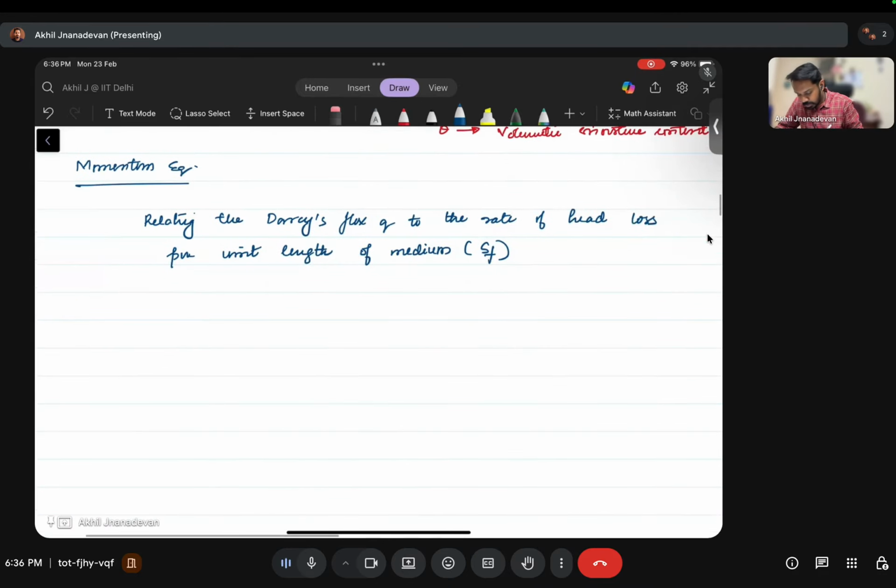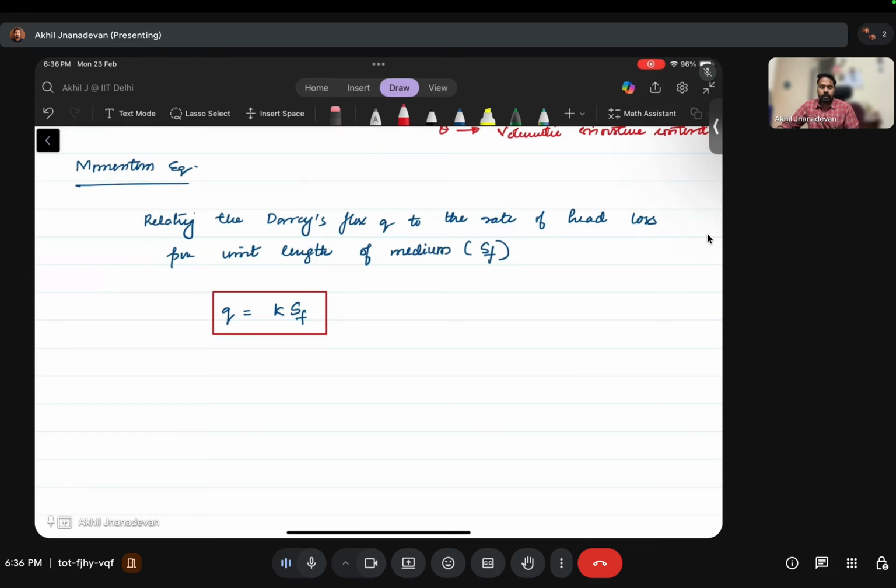So in the momentum equation, we equate Q to K into SF, where SF is the rate of head loss.